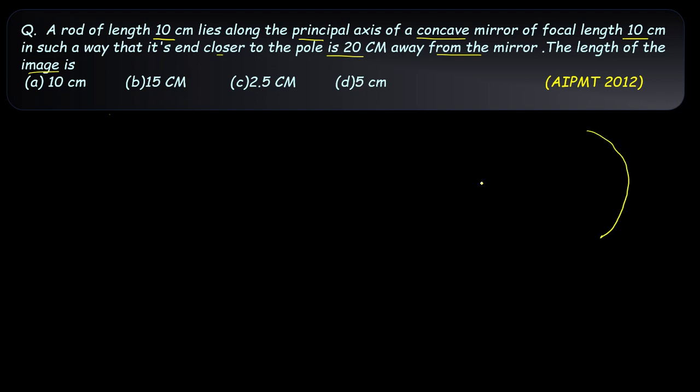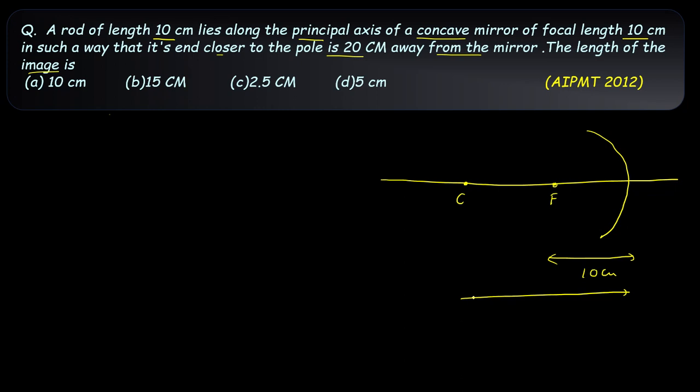Let us consider this is the concave mirror, and let's say this position is the focal point, and this position is the center of curvature. This distance is given to be 10 centimeter, the focal distance. The center of curvature would be at 20 centimeter.